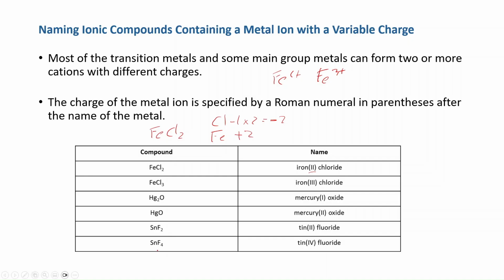Look at the one here at the bottom. The screen will let me write fluorine is -1. There's 4 of them, so you have 4 negative charges. That means that the tin has to have 4 positive charges. Look at that, tin 4. That's one thing that is very, very easy, okay?